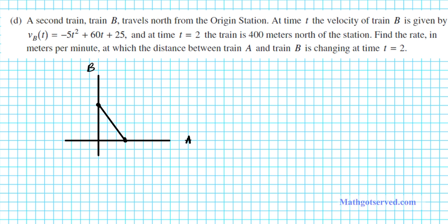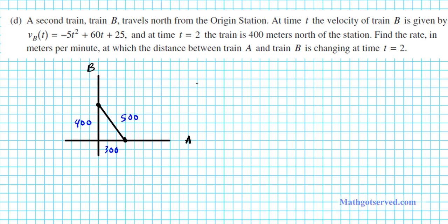Using your 3, 4, 5 triangle, this is 300, this is 400, and this is 500. Okay, right there. But the problem didn't ask for the distance between them. It says at what rate is the distance between them changing.